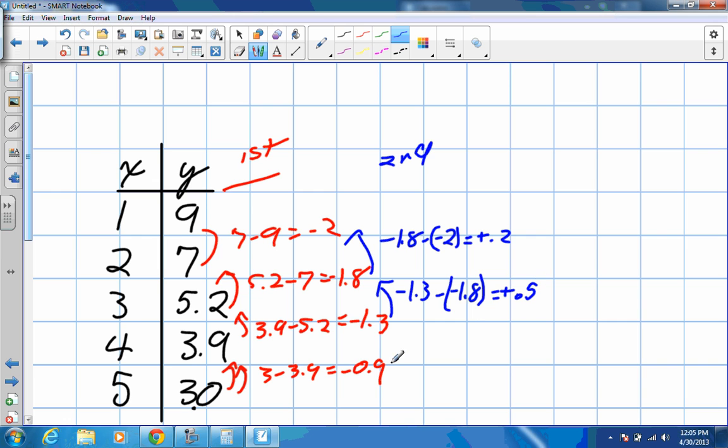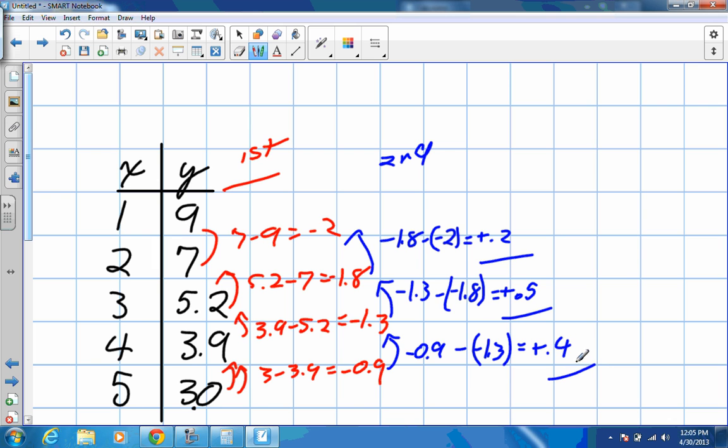And then negative 0.9 subtract negative 1.3 is positive 0.4. This isn't bad. If we take a look, they're not as close as our last model, but they are pretty close. We can't be definitive. Before we knew we had a parabola, so we could be very definitive of what we were doing.